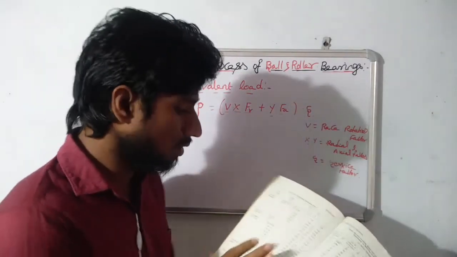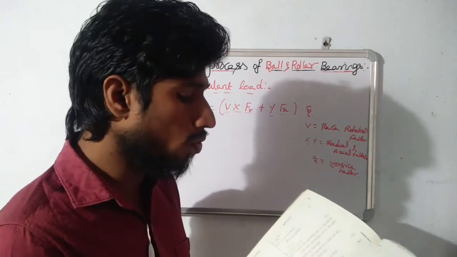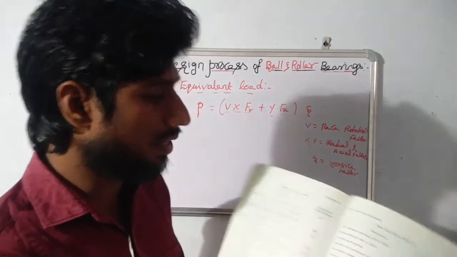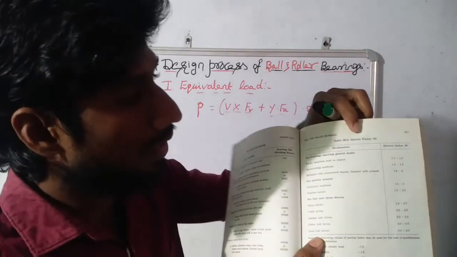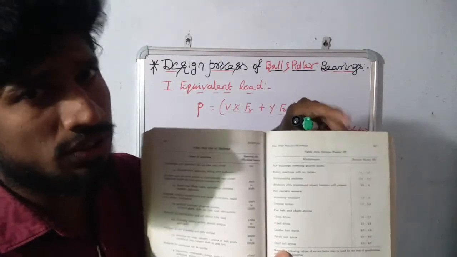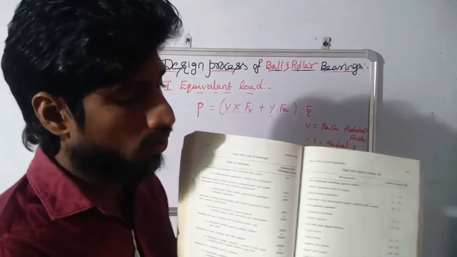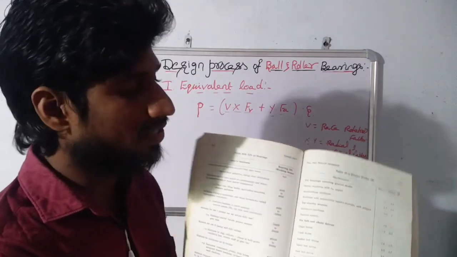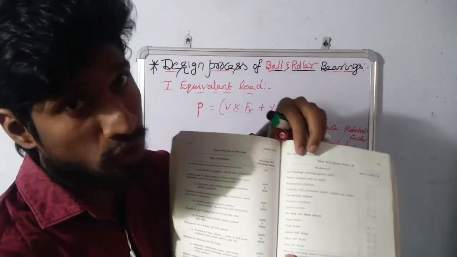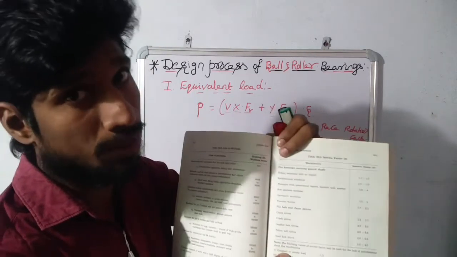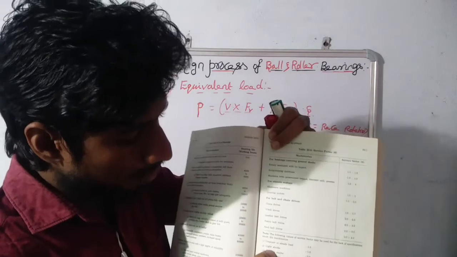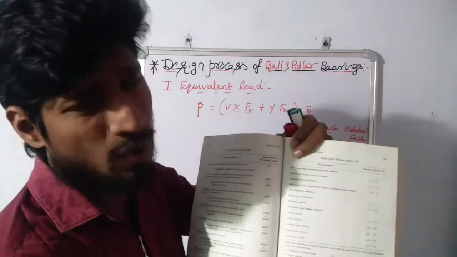Go to the next one, the service factor. How do we consider the service factor? Table number 20.3 gives the service factor values. There are two ways to consider it: the first is based on machinery applications, and the second is based on the type of load, that means constant load, light shock load, medium or heavy loads.